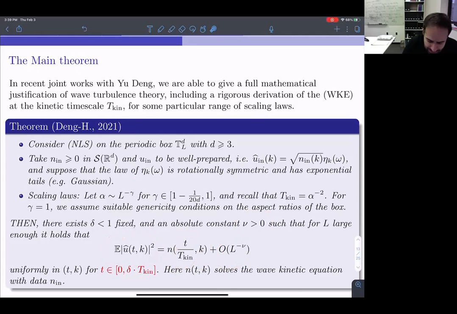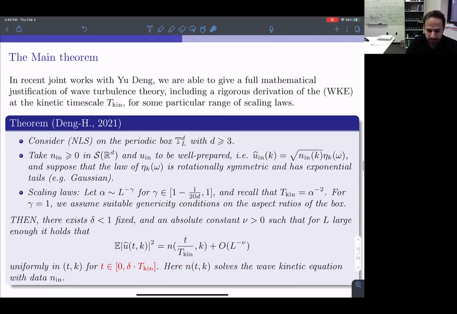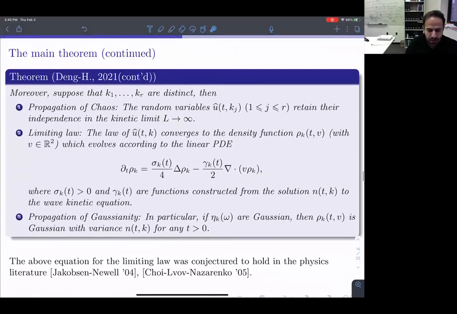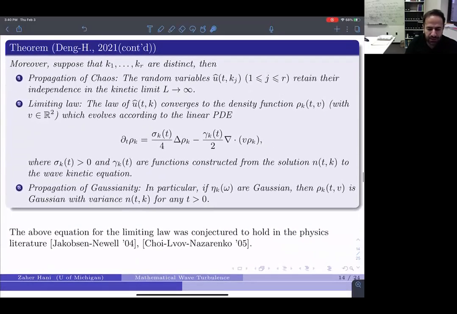And the key point is that this approximation holds for times from 0 up to delta times T kinetic, where delta is a fixed number. Here, as before, n solves the wave kinetic equation with initial data n initial. Okay, so let me continue the main theorem.